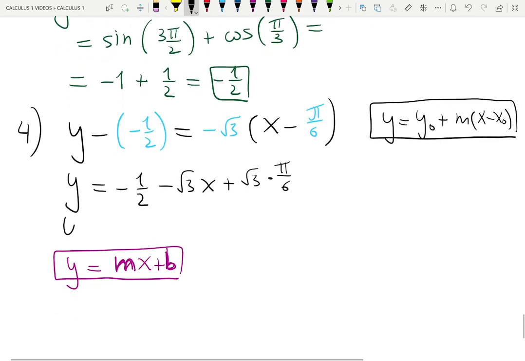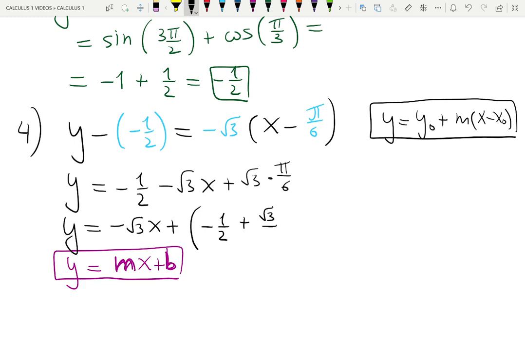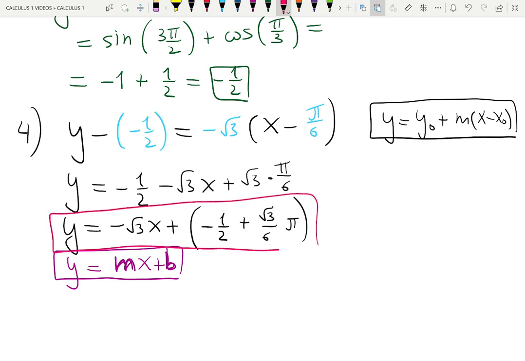Let's perform some algebra and finish the problem. Minus square root of 3x. And now there's nothing really to factor out here, so let's use parentheses: -1/2 plus square root of 3 over 6 pi. And that is the final answer. You could have created a common denominator for the part in parentheses, but I don't think that's necessary.